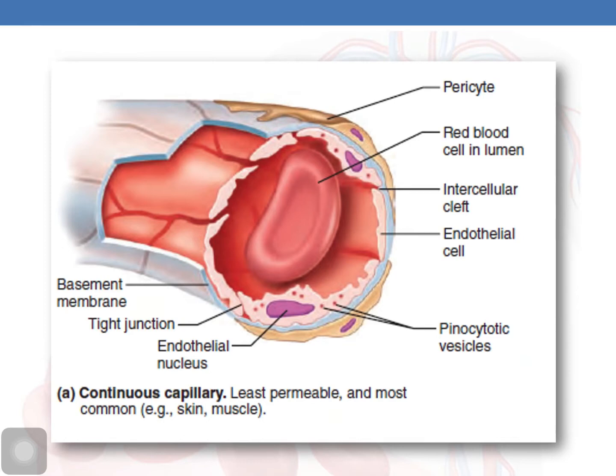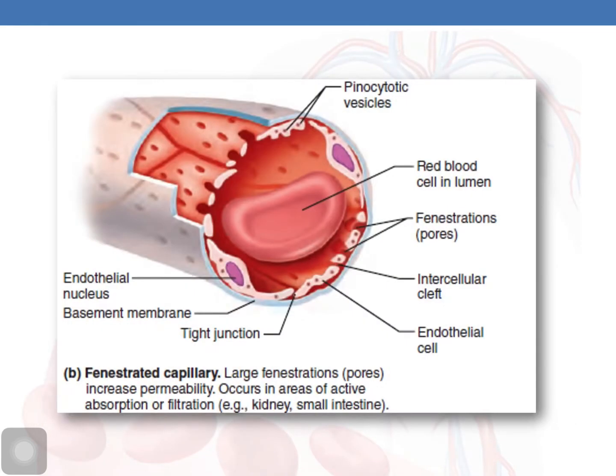However, these junctions are usually incomplete and leave gaps of unjoined membrane called intercellular clefts, which are just large enough to allow limited passage of fluids and small solutes. So the continuous capillary is the least permeable and, again, the most common capillary found in the body.